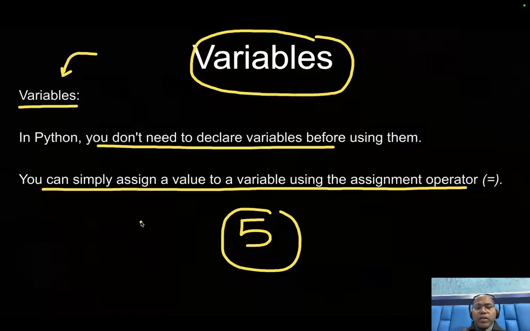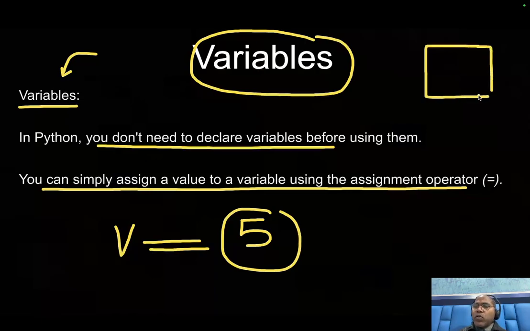So here, this is one variable that is assigned the value 5. You can consider a variable as just like a placeholder or box, where this is one location, the location name is the variable, and the value they are holding is 5.